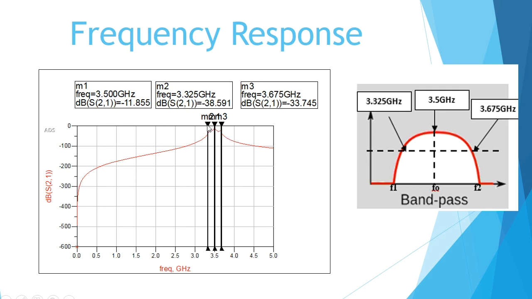So this is the label of lower cutoff frequency, center frequency, and also the upper cutoff frequency. The dB values of the lower cutoff frequency, center frequency, and also the upper cutoff frequency can be read from these labels.